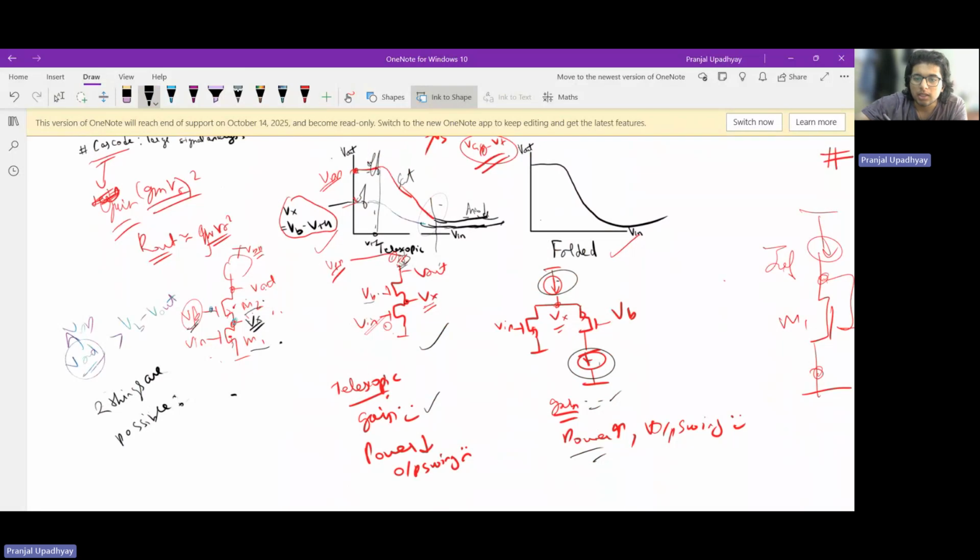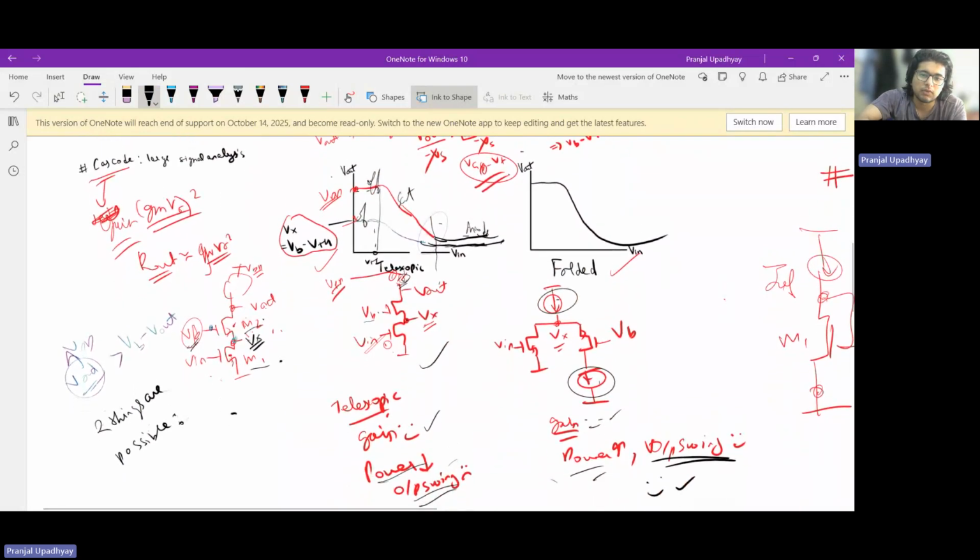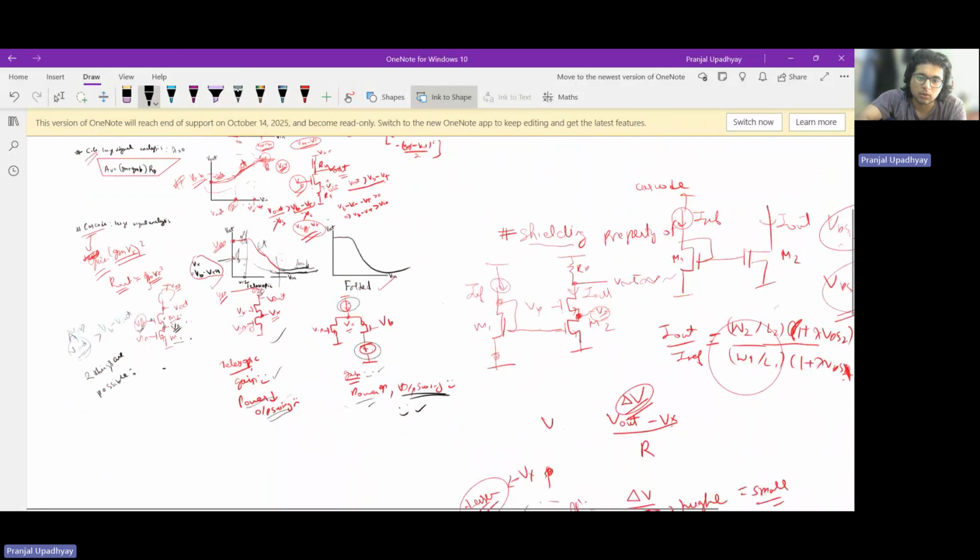That's the basic idea. Here the output swing is not that great, but in folded cascode the output swing is also good. We'll appreciate the differences, benefits and disadvantages better when we discuss op-amps later on.